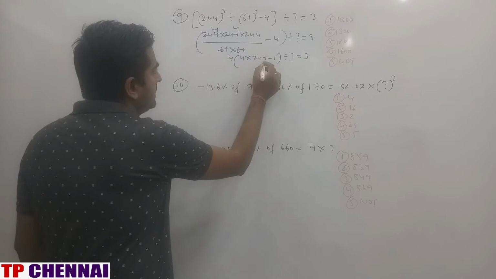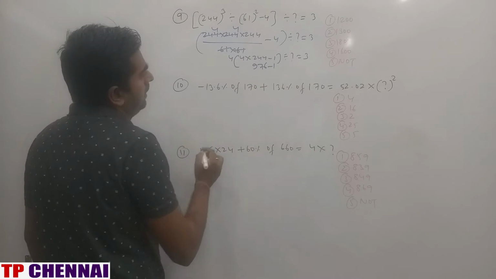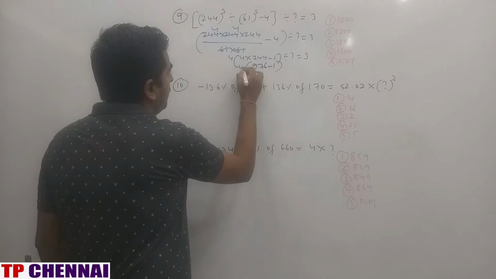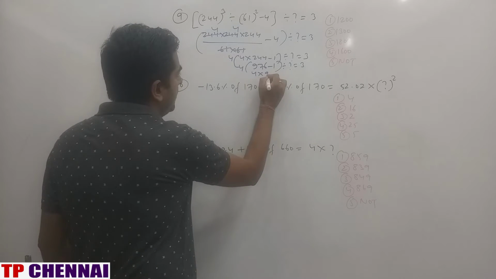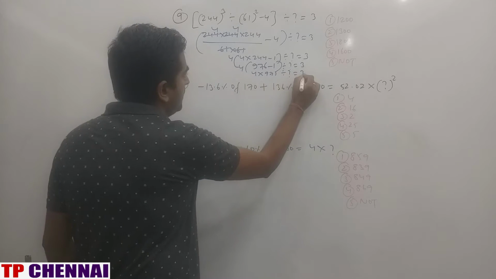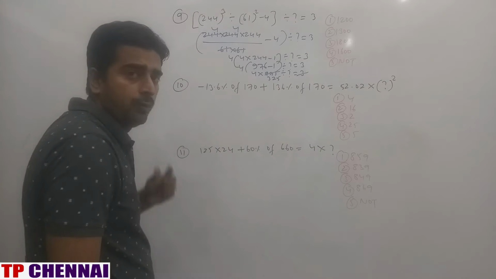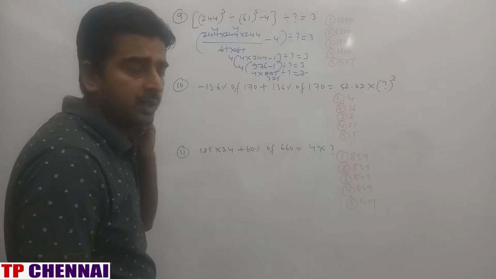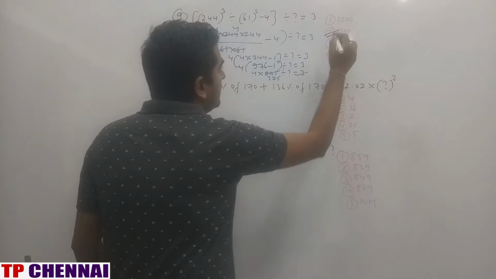So 4 4s are 16, 17, 4 2s are 9, minus 1. Right? 4 divided by question mark is equal to 3. This is 4 into 9, 75 divided by question mark is equal to 3. 3 32s are 3 5s are 325 into 4. 325 into 4 is 650. 325 into 2 is 650 into 2 is 1300.